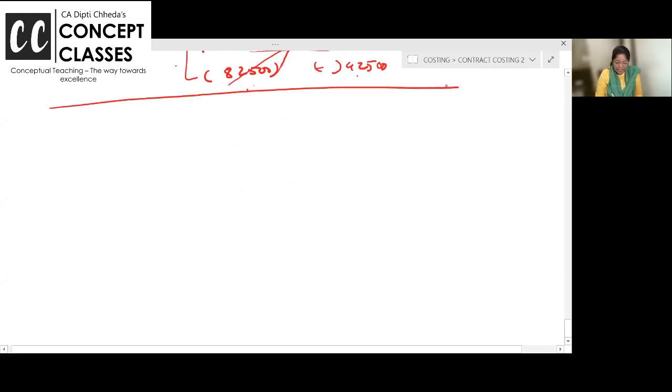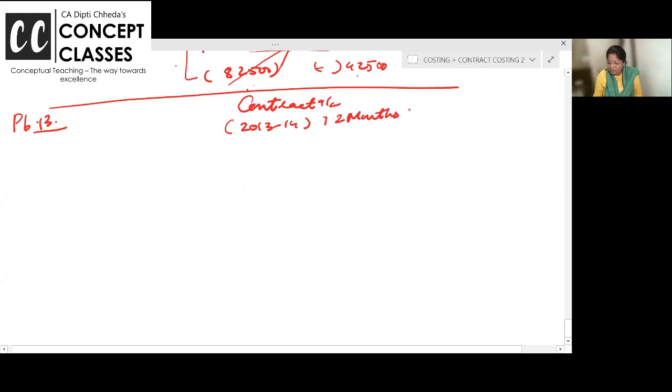13th one, exactly similar question to what we have done. Let us first prepare the contract account for the actual year 2013-14, 12 months actual.